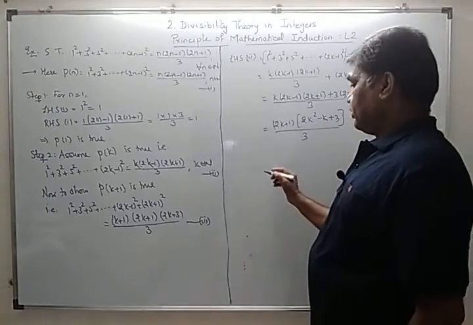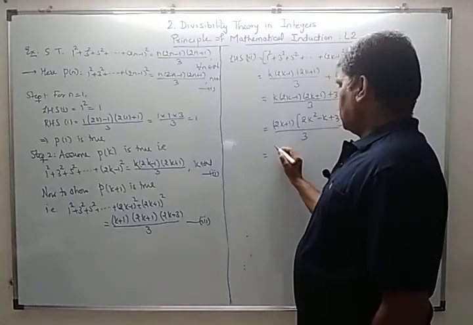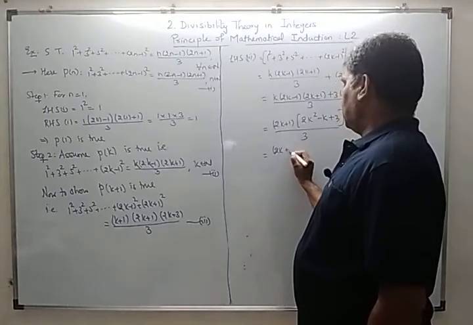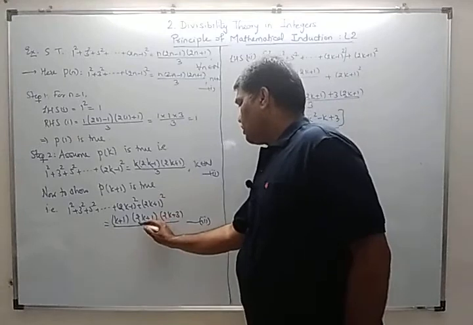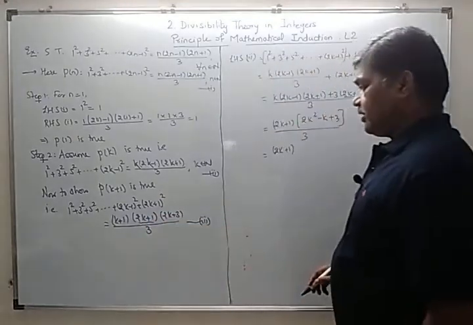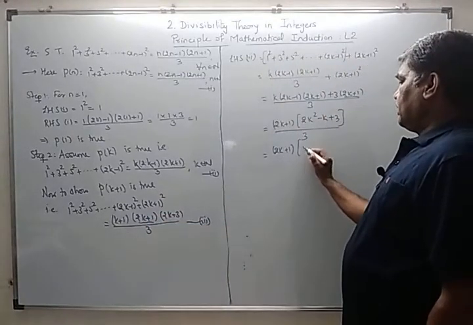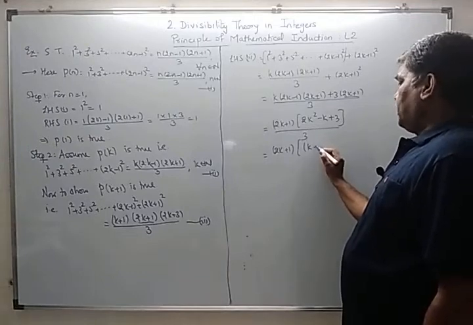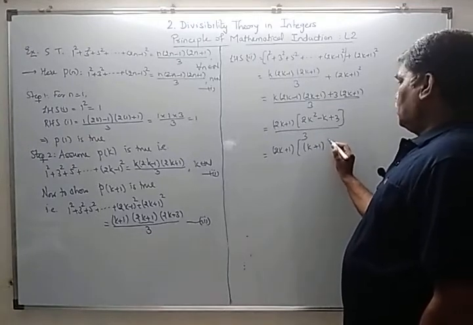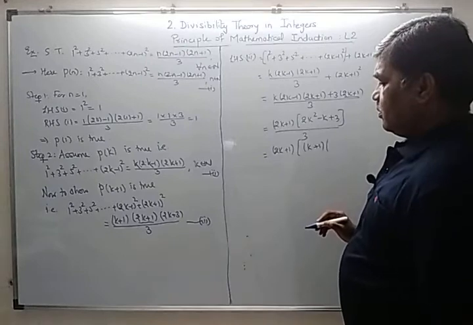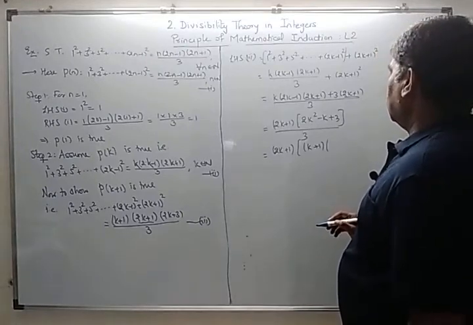Now you have to factorize this. 2k plus 1 is here, so we'll check whether this is (k plus 1) into (2k plus 3).